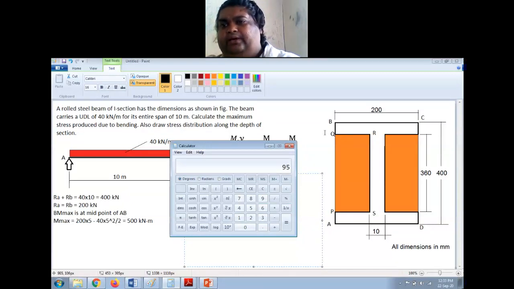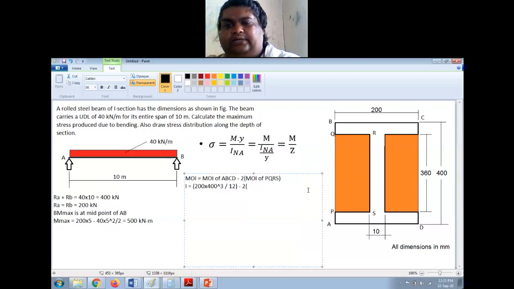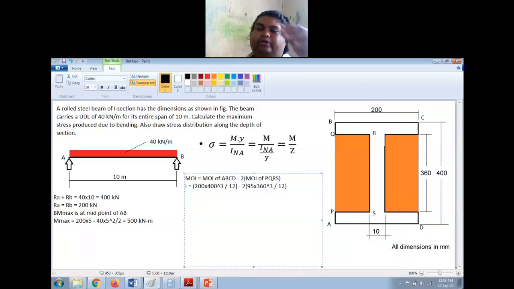So b here, that is QR, is 95 into the depth. Depth is directly given as 360. So 360 cube by 12. Is this step clear for everyone? Anyone has not understood this?